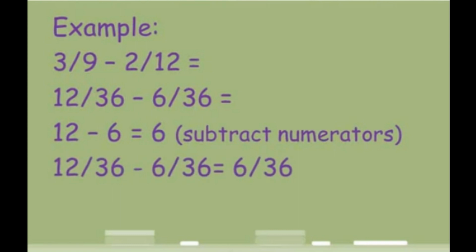So 12/36 minus 6/36 is going to give us 6/36. And we're going to reduce that by asking ourselves what number goes into both 6 and 36 evenly, the same number. 6 will divide into itself once, and 6 will divide into 36 6 times, so we have our final reduced answer.